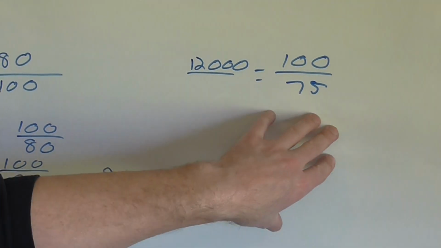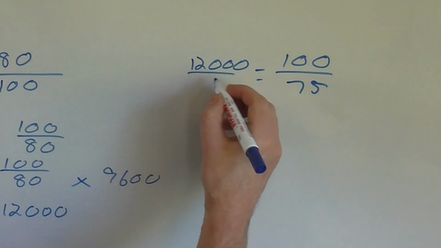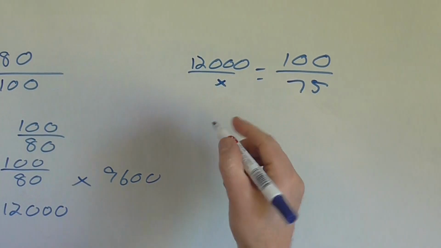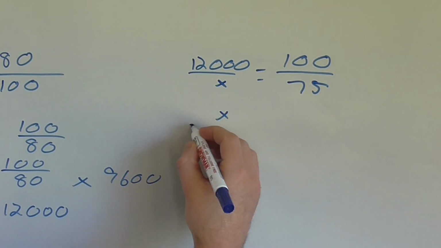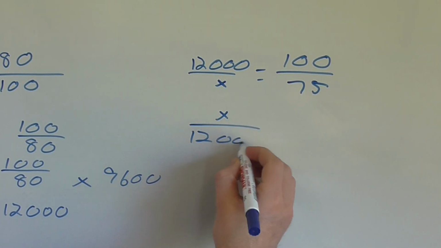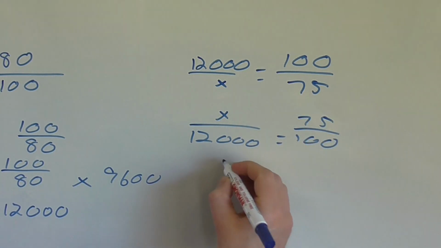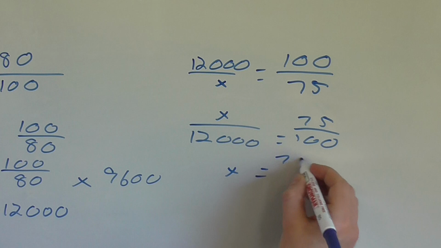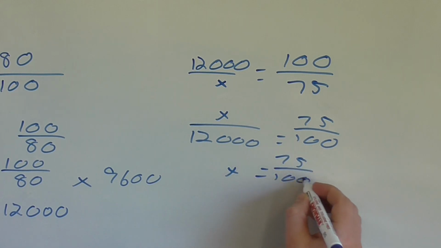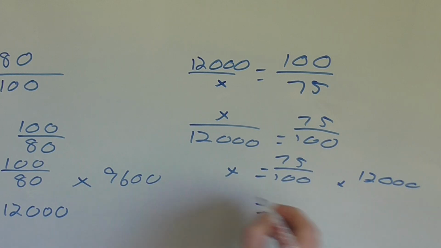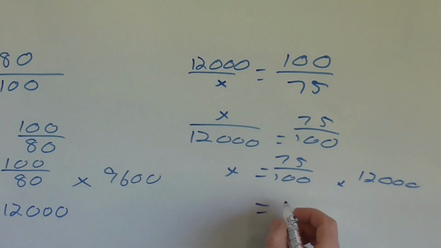So we're only going to be paying 75% of the actual price, which is X. So once again, let's flip it over. X over 12,000 equals 75 over 100. So X is 75 divided by 100 multiplied by 12,000. So in other words, your X is 9,000.